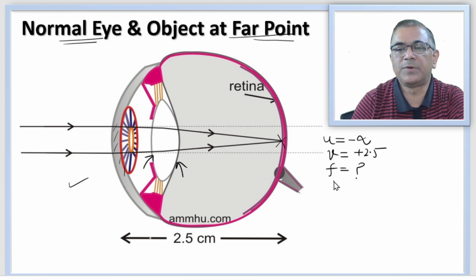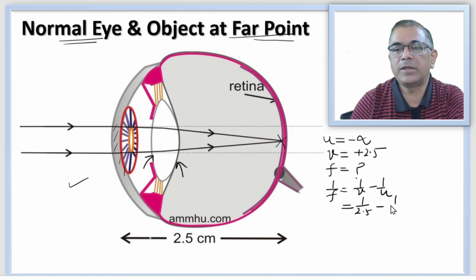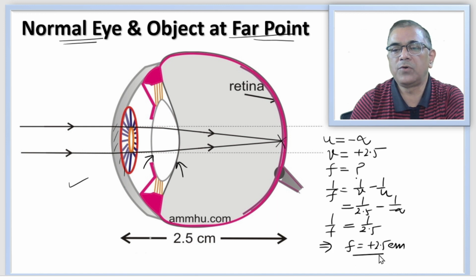If we use the lens formula, 1 by f equals 1 by v minus 1 by u, then we will get 1 by 2.5 minus 1 by minus infinity. So this is the same as 1 by 2.5, and this implies f equals plus 2.5 centimeter, because the focal length is plus 2.5 centimeter.